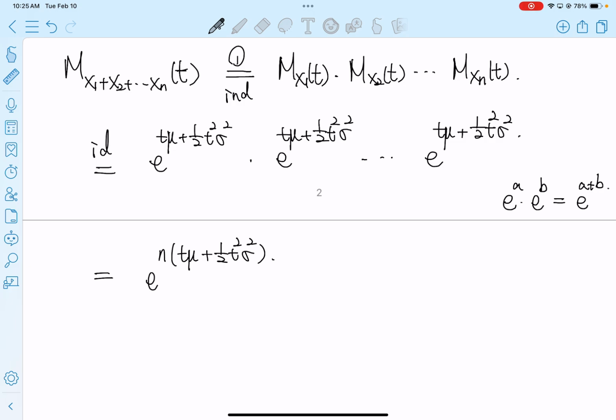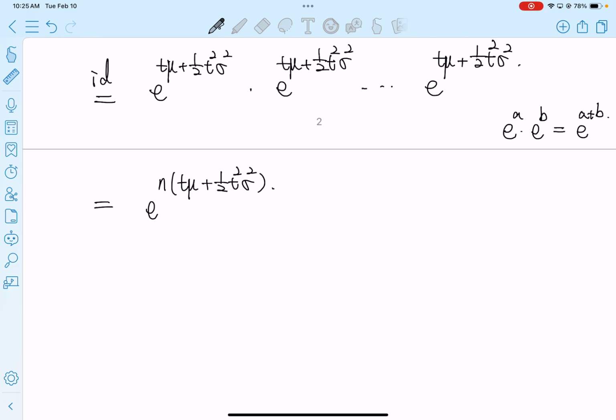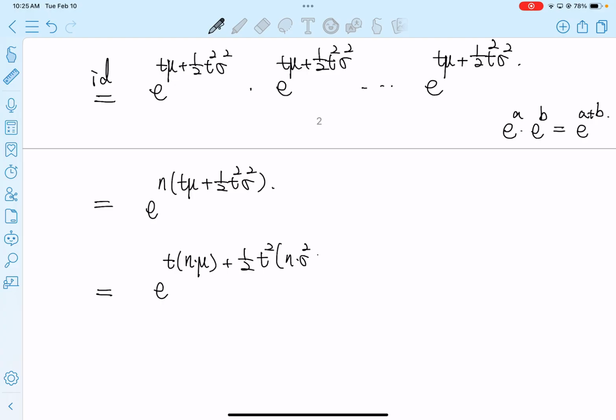But this is not yet enough to allow us to recognize the distribution. So let's write one more step: we have t multiplied by n mu plus 1/2 t squared, and then n multiplied by sigma squared.